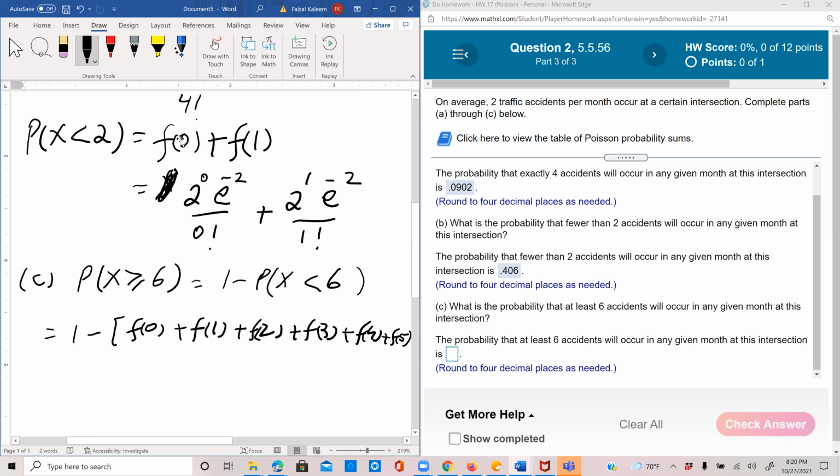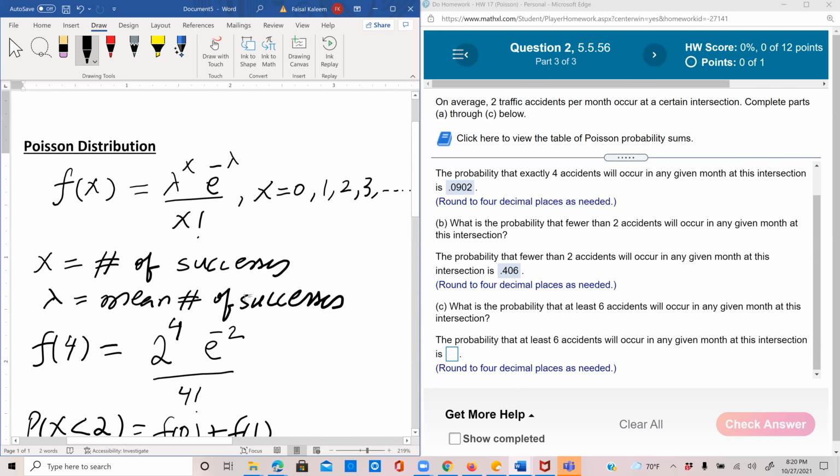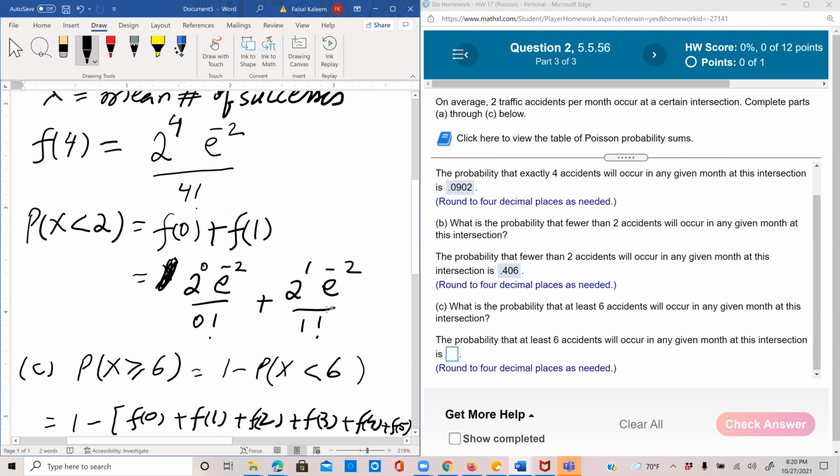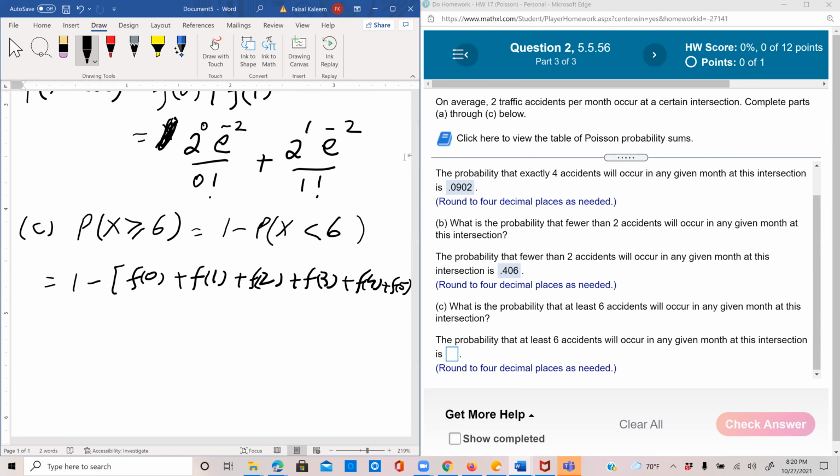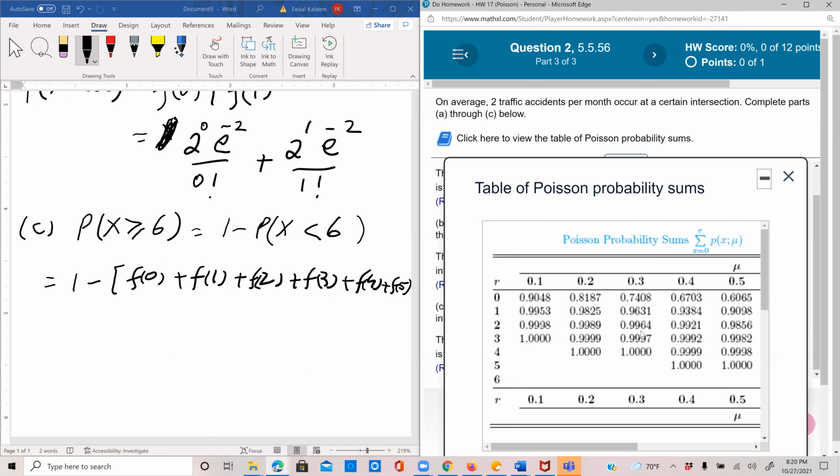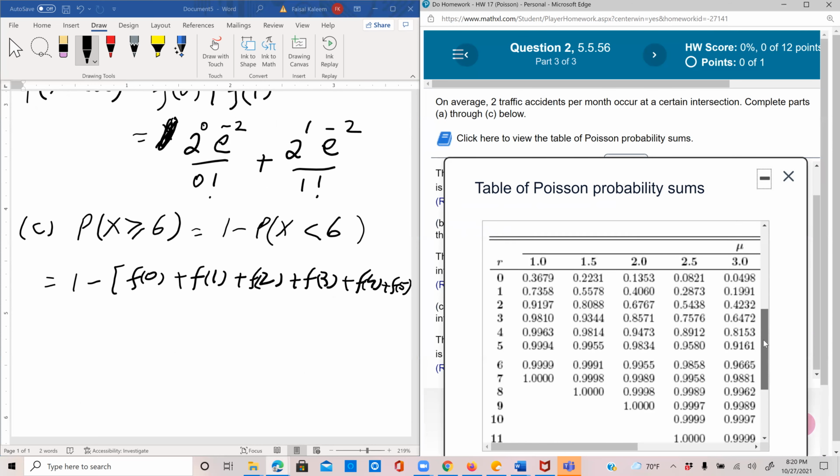In this part, we can just do it by hand by plugging in 0, 1, 2, 3, 4, 5 for the x and 2 for the lambda in this formula. But we can also use this table of probability sums, which gives the cumulative probabilities. So the mean here was 2, so we have to look for mean as 2.